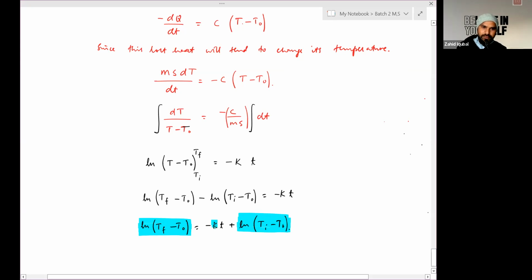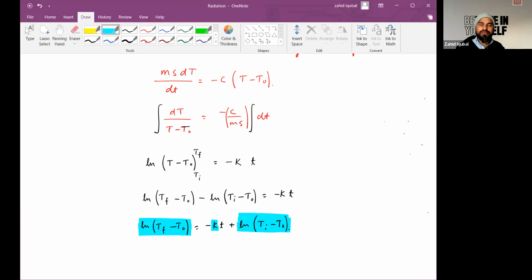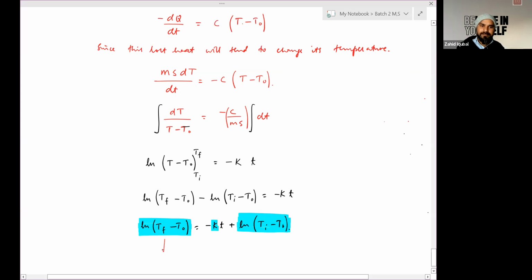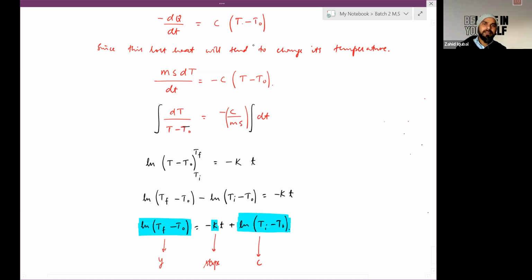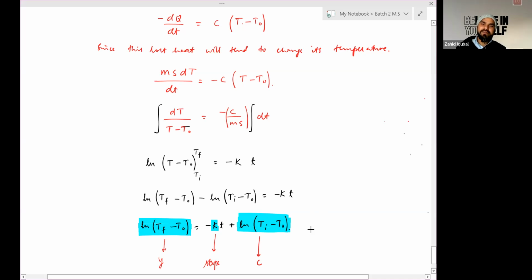This will be the slope of that particular curve. So it behaves as y equals mx plus c, with y, slope and c. So the graph of this equation will be a straight line with some positive intercept and negative slope.